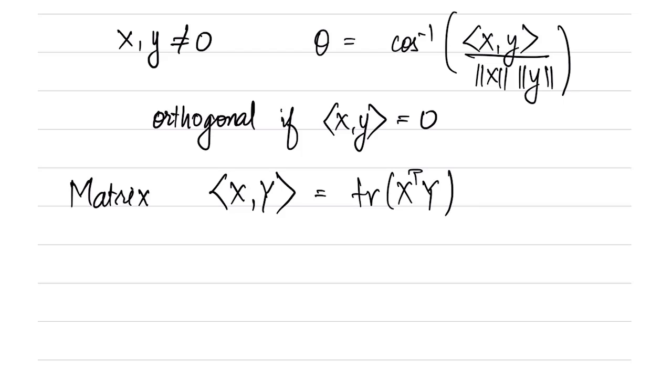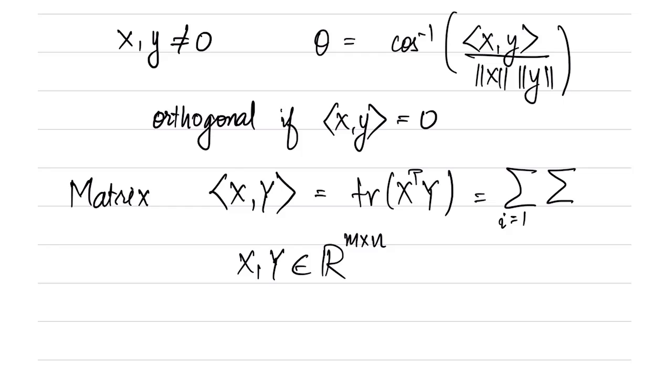You can just verify that for two matrices of size m cross n, x transpose y is a valid product of matrices, and this evaluates to a double summation, i from 1 to n and j from 1 to m, of x_ij y_ij, right? So this is also entry-wise multiplication of the matrices and then summation of all the results.